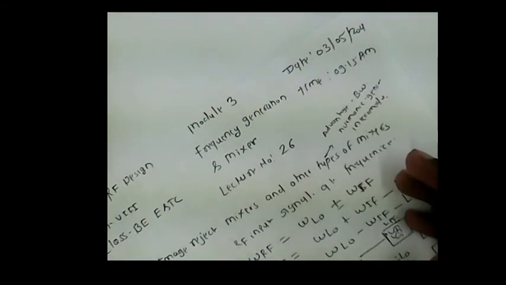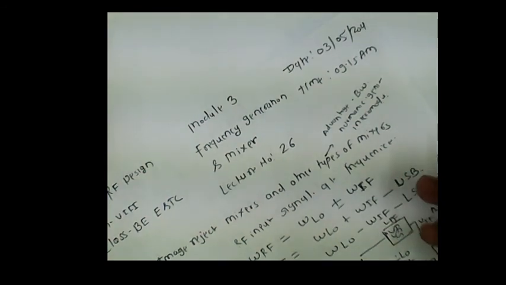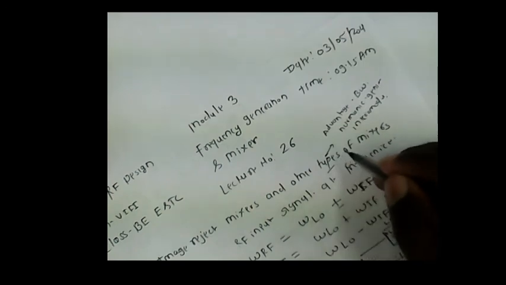The double balanced mixer, the two hybrid junction transformer, are examples of double balanced mixers.